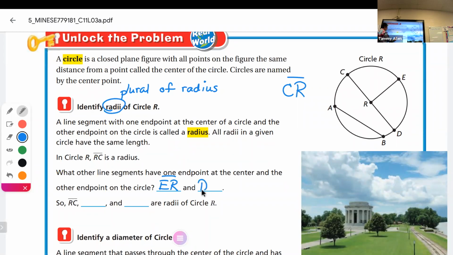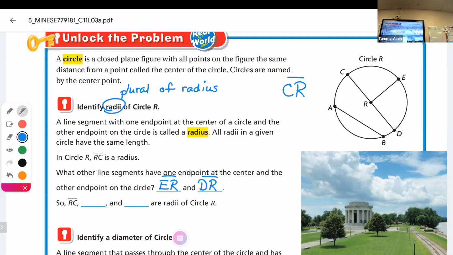Segment DR. Is AB a radius? No. Why not? Ezra. It's not connected to R. Yeah, it's got to be connected to R, the center. All right.